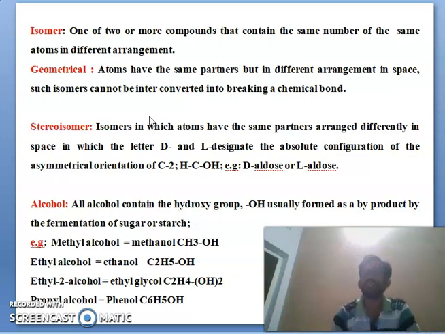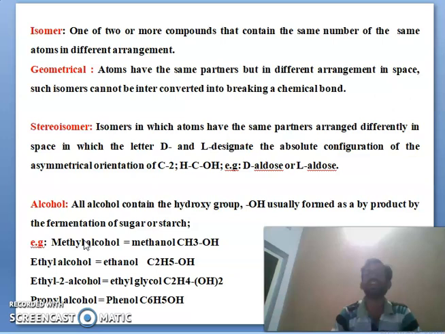Geometrical isomers have atoms with the same pattern but different arrangements in shape. Such isomers cannot be interconverted without breaking the chemical bond. Next, stereoisomers: isomers whose atoms have the same pattern but are arranged differently in space, with the letters D or L designating the absolute configuration of the asymmetric orientation at C2, like HCOH, for example D-aldose or L-aldose.